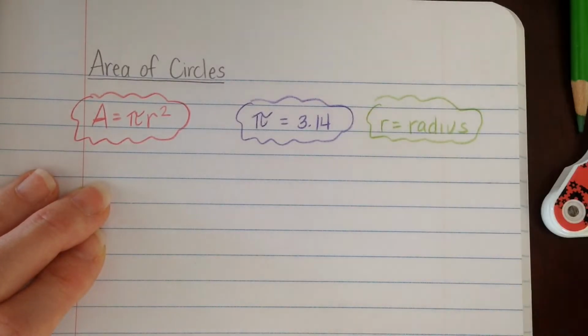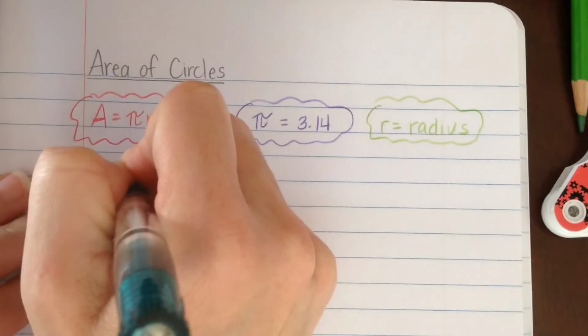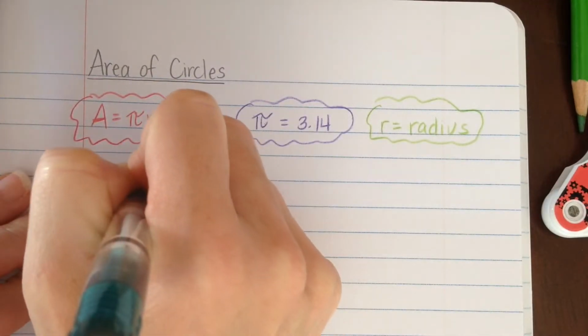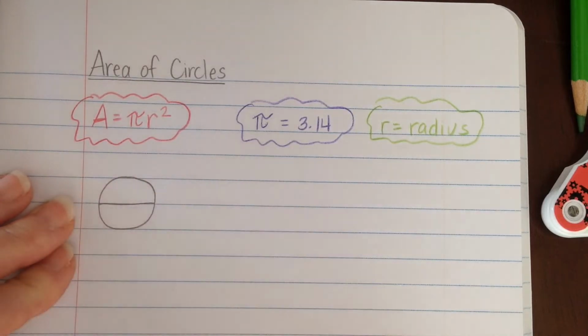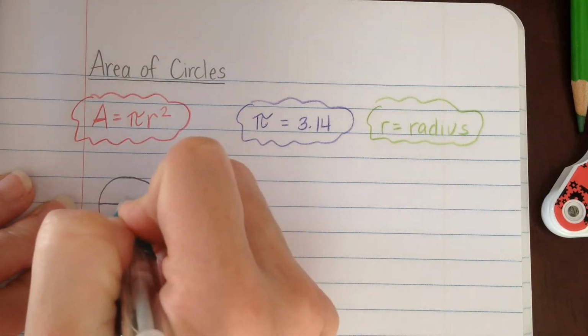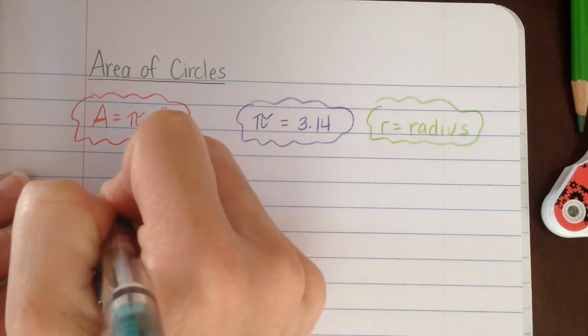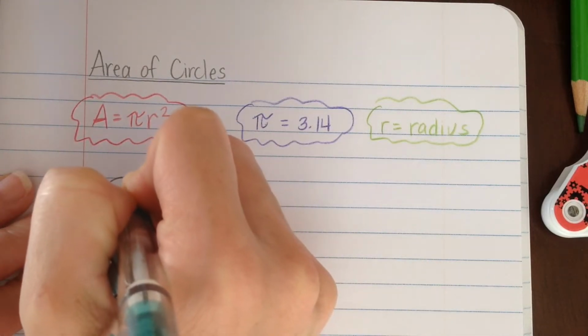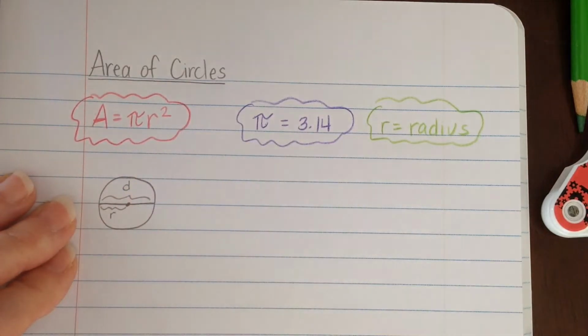So if you have a circle, let me draw one that's neat. Okay, that's not bad. Let's put a center in it. The distance all the way across is the diameter, and half of that is the radius.